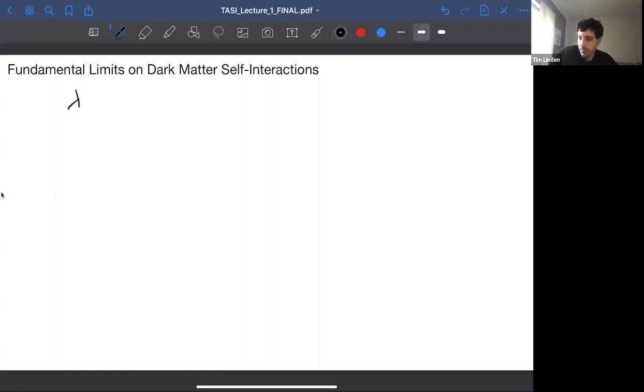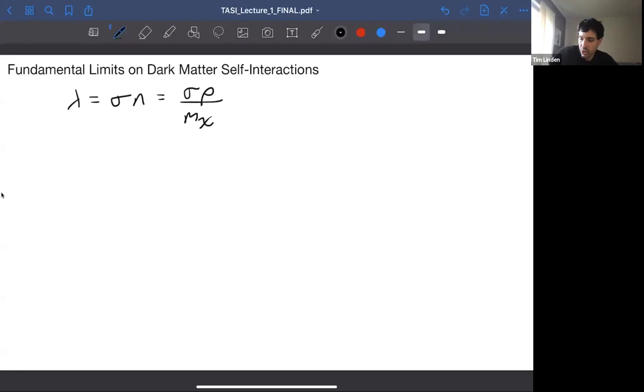We have some cross-section sigma, and the mean free path, sorry, is equal to the cross-section times the dark matter density. And the dark matter density depends on the dark matter mass density, so it is equal to sigma times rho over m chi.